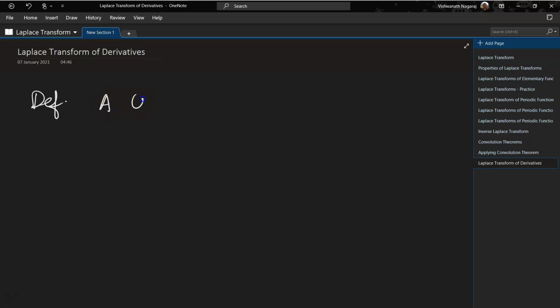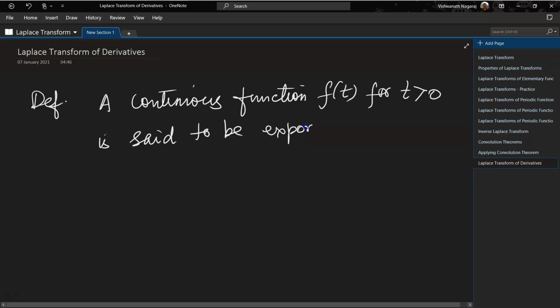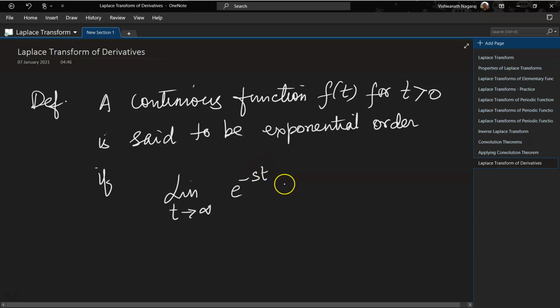A continuous function f of t for t greater than 0 is said to be of exponential order if the following limit holds. That is, the limit as t approaches infinity of e to the power of minus st times f of t is equal to 0.